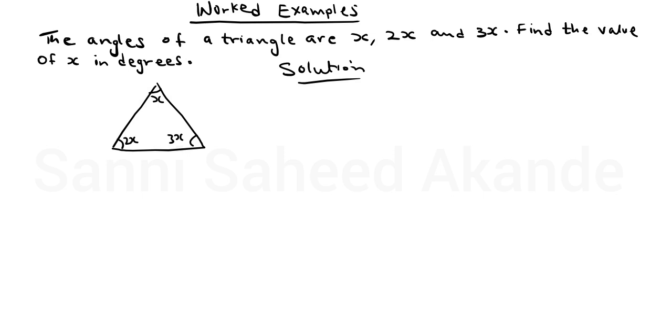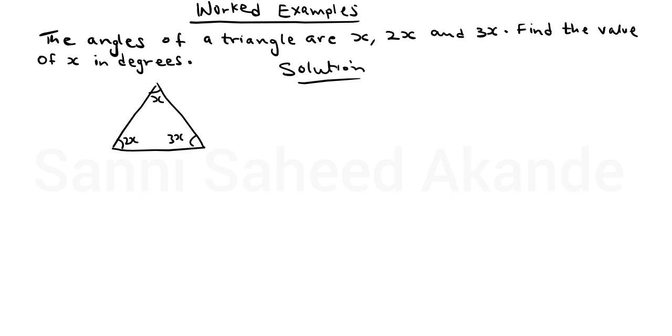We have learnt before in the theorems that we looked at yesterday that the sum of angles in a triangle is equal to 180 degrees. So that's the theorem I'm going to apply here. When I add all these three angles inside this triangle together, it will be equal to 180 degrees.